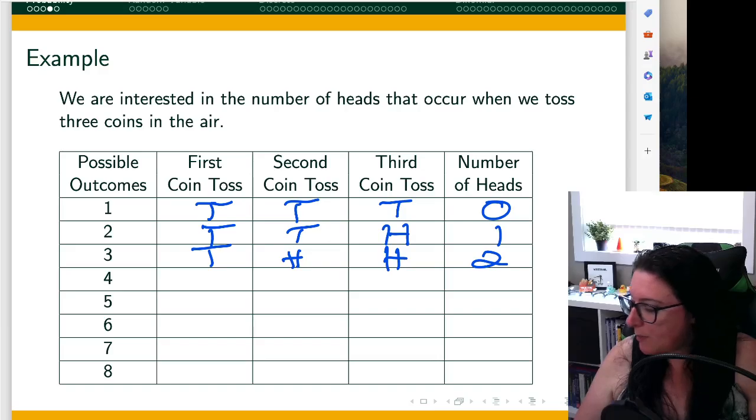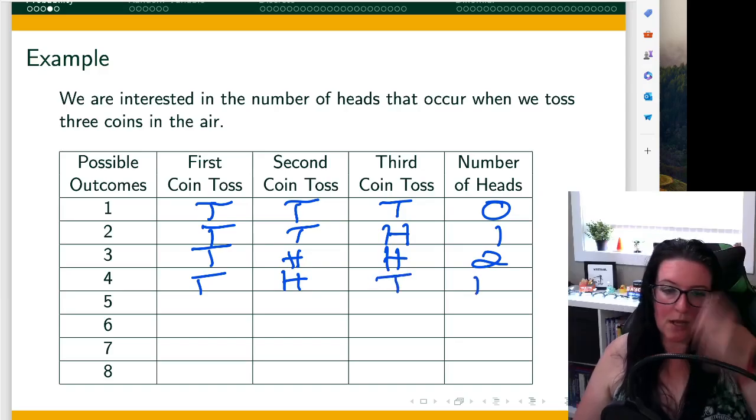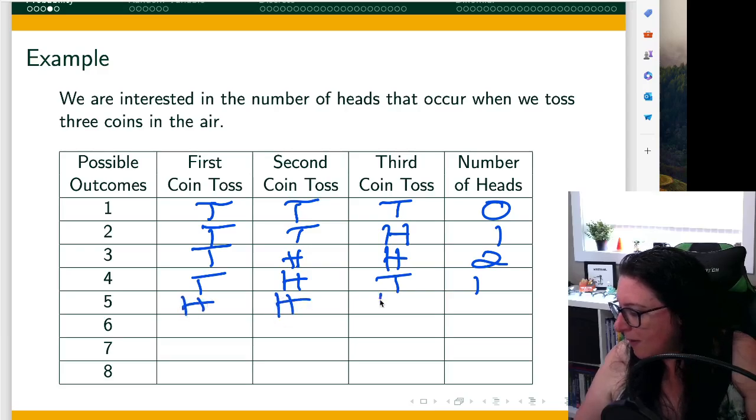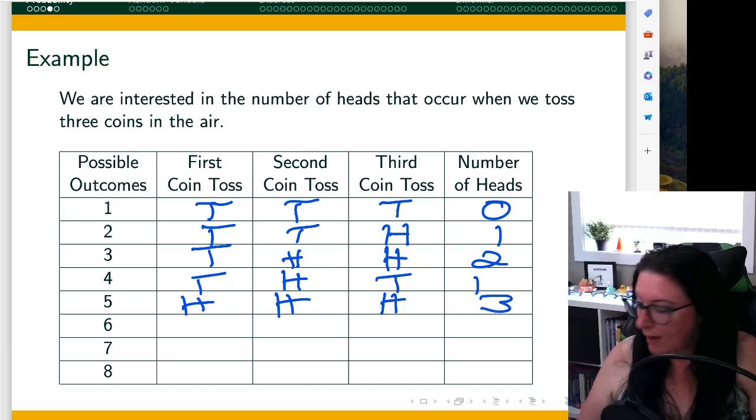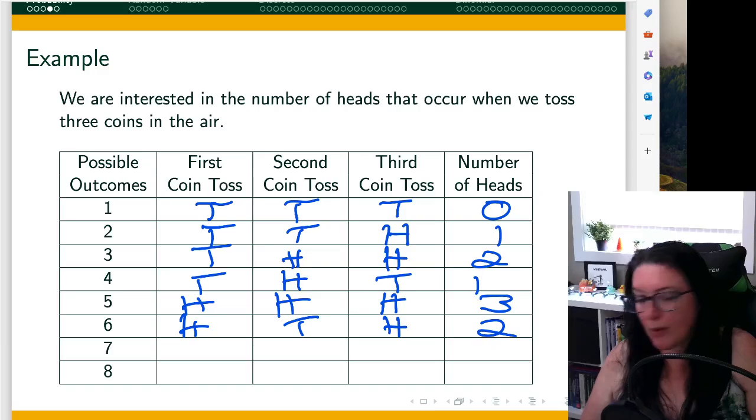Okay, and I'm just going to populate this here with information from previous runs that I've done. So I've tossed it in the air and I've got these different outcomes. This time I did it the 5th time and I got all 3 heads. And this time was heads, tails, heads. Now this time we got 2 heads.